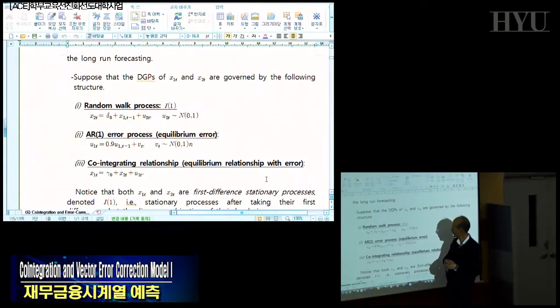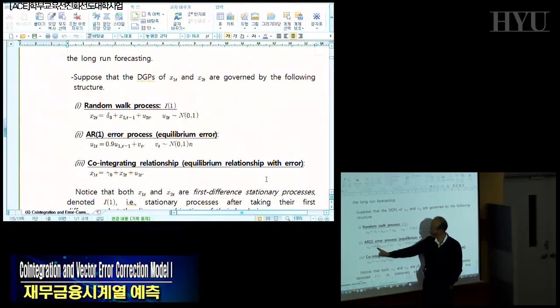Okay. Let's assume, well, this one was assumed to be 0.9, so satisfying the stationarity condition, and some non-zero values for these two parameters.